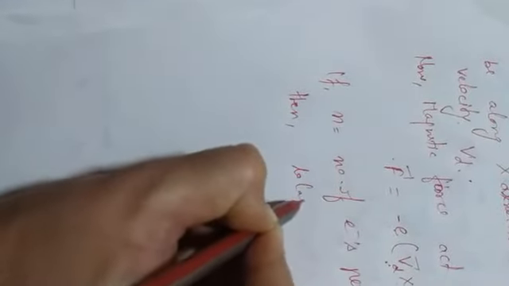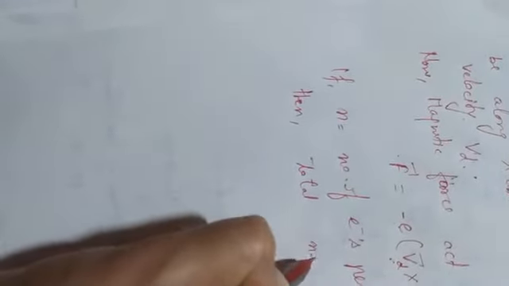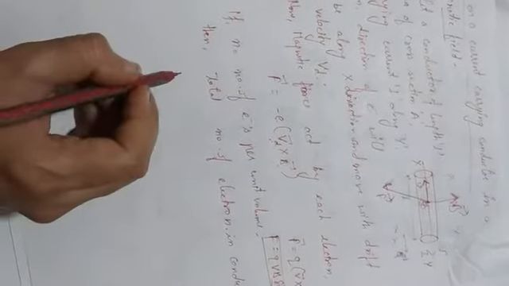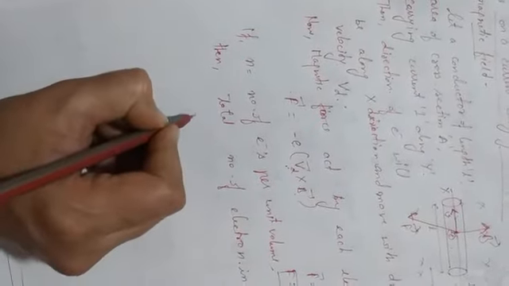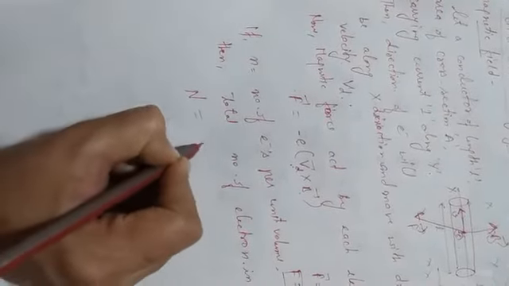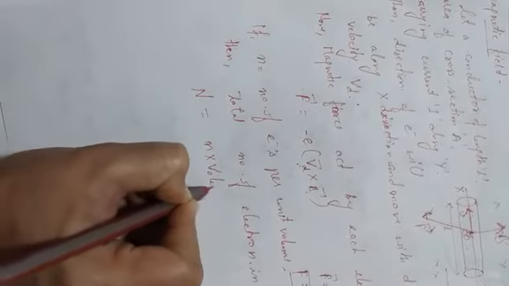Then the total number of electrons in the conductor equals n into volume.